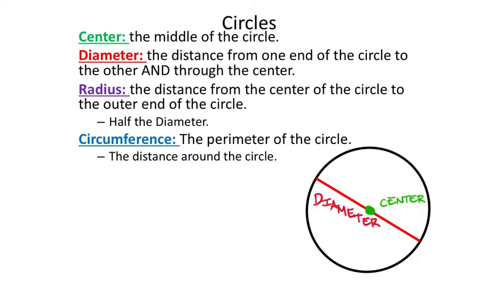If we wanted what we call radius, that's the distance from the center of a circle to any of the edges of the circle. So if I went from my center to the edge here, or maybe even down here, that's considered what we call radius. But it can be anywhere. And just like the diameter being the same for any particular circle, the radius is the same for any particular circle as well.